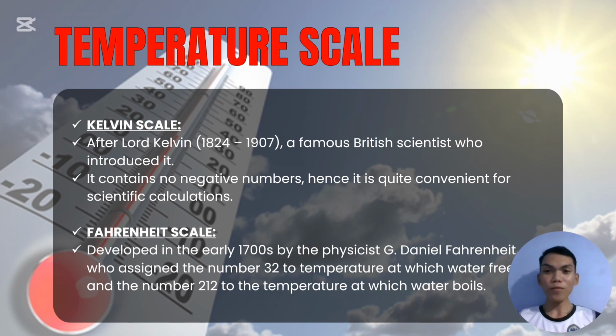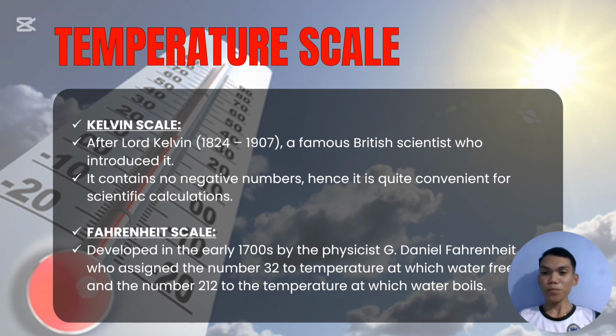So now let's talk about the different temperature scales. So first we have the Kelvin scale, introduced by Lord Kelvin, a famous British scientist, 1824 to 1907. So this scale has no negative numbers, hence mas convenient or dali lang siya gamiton for scientific calculation.